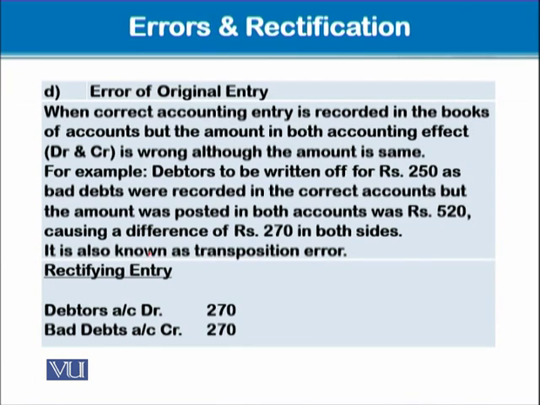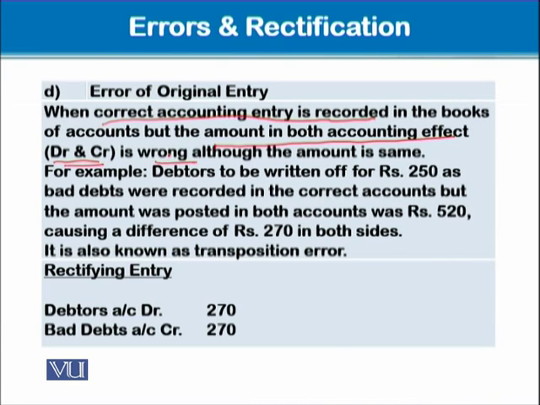Now comes error of original entry. Error of original entry is the error when the correct accounting entry is recorded. The accounting entry is correct in the books of accounts, but the amount in both of the accounting effects, debit and credit, is wrong.